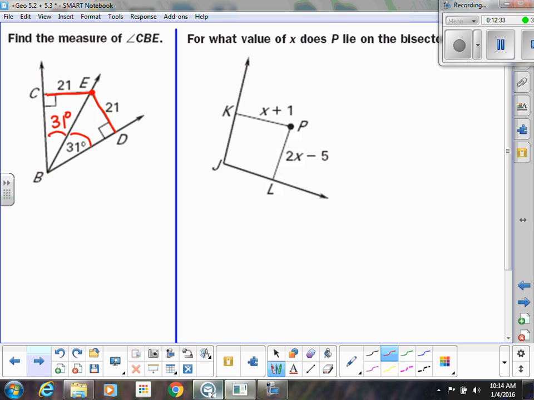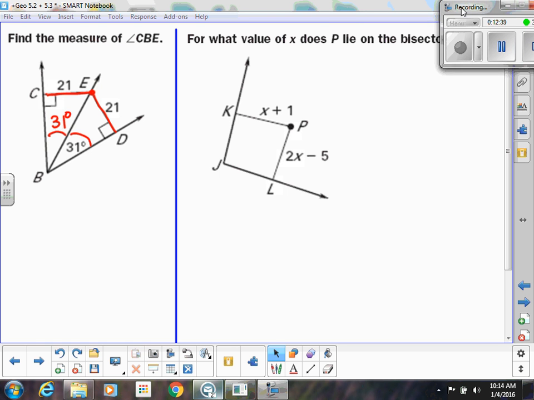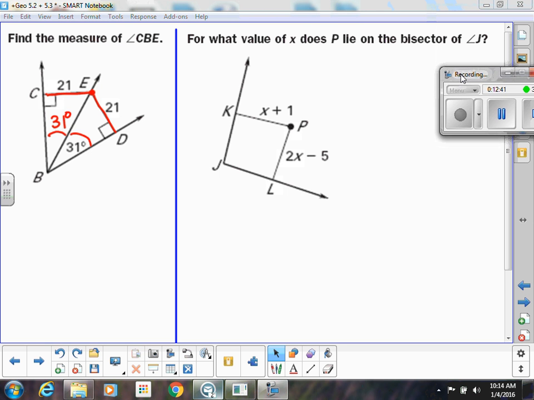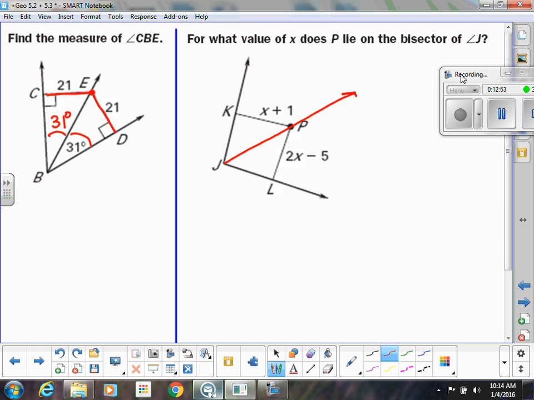All right, in this other one, we want to know for what values of x does P lie on the bisector of angle J? So we want P to be on this angle bisector. So if that's an angle bisector, then what has to be true about these two lengths?